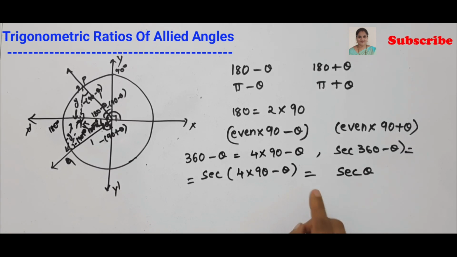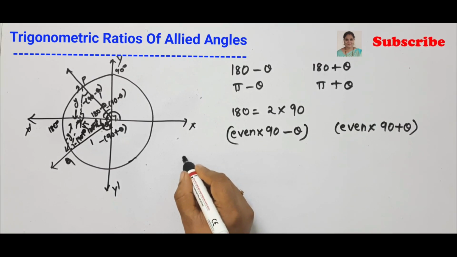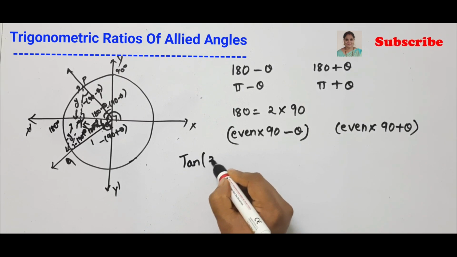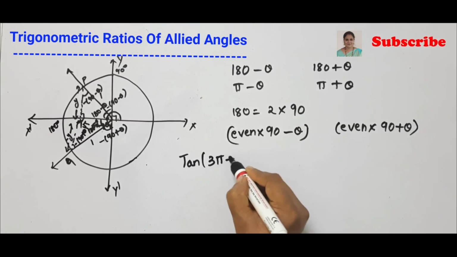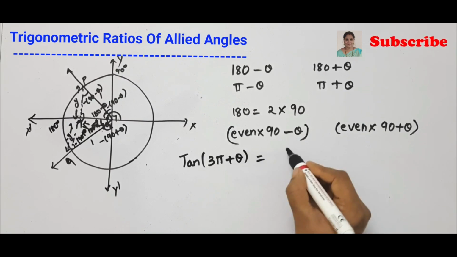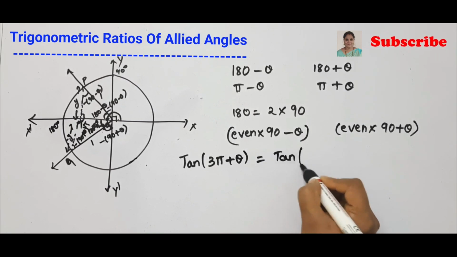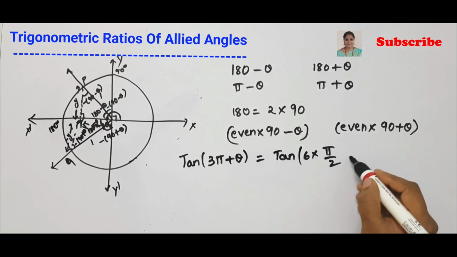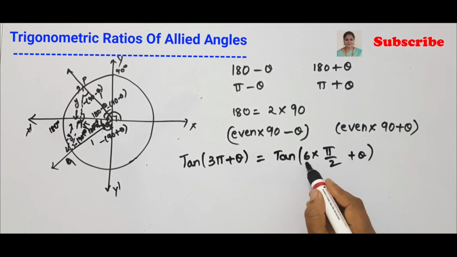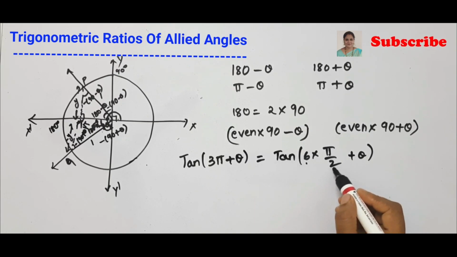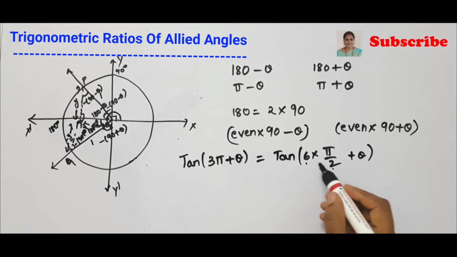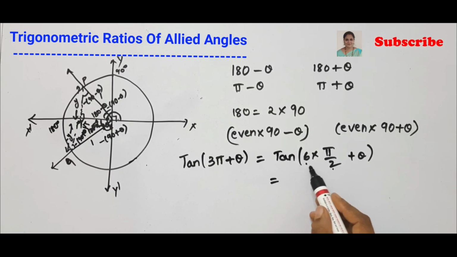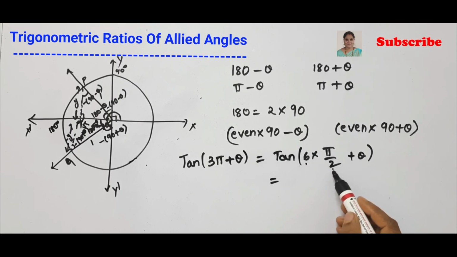Now let us take another example. Suppose we have to calculate tan of 3 pi plus theta. This can be written as tan of 6 into pi by 2 plus theta, is it not? Here the number is even into 90. 90 in radians we can write as pi by 2, is it not?